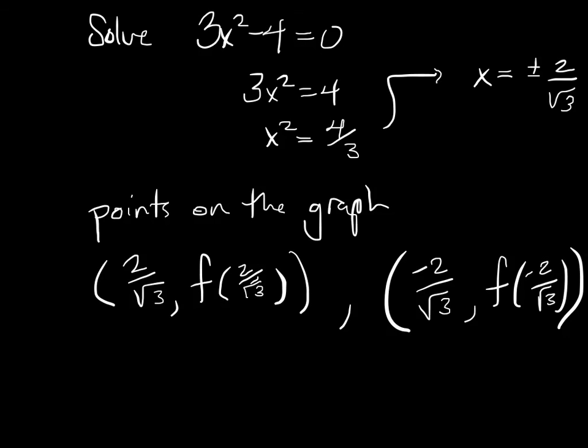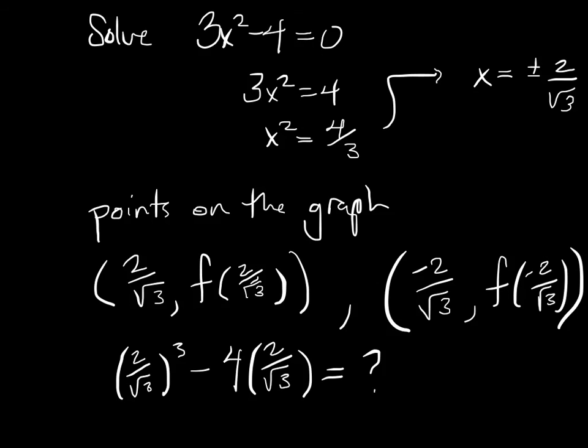And of course, to get f of 2 over root 3, I have to plug it back into x cubed minus 4x: 2 over root 3 cubed minus 4 times 2 over root 3, and who knows what that is. But that's the y-coordinate.